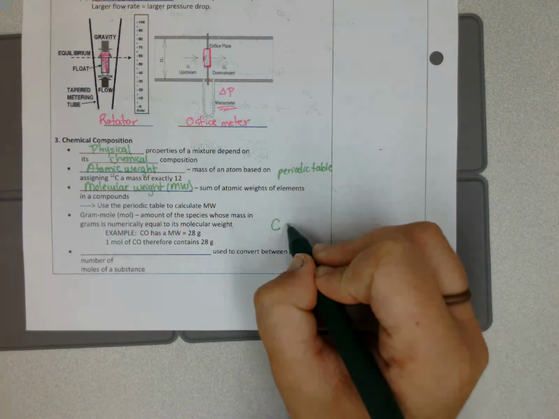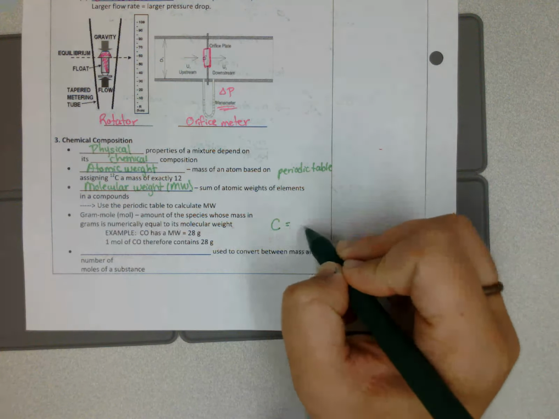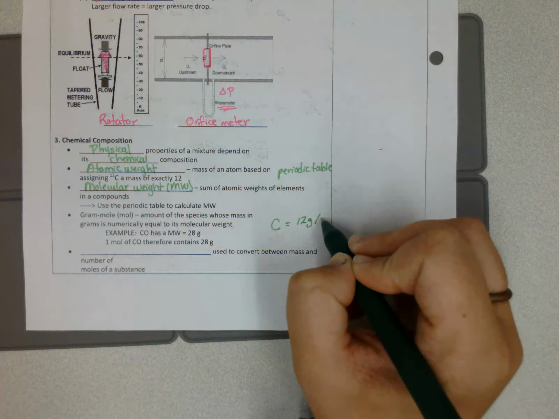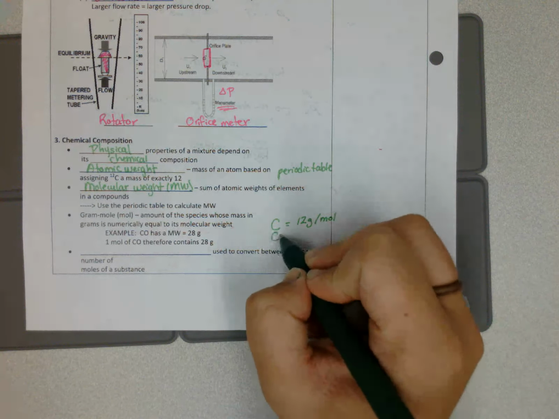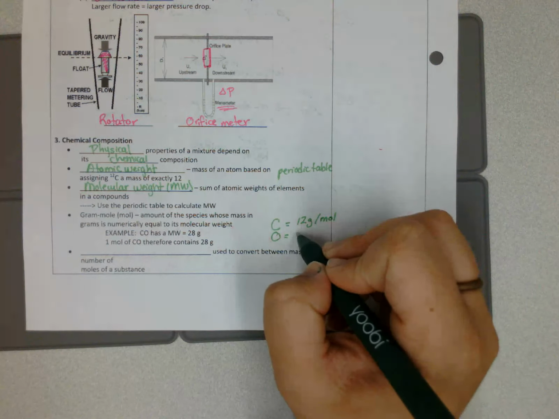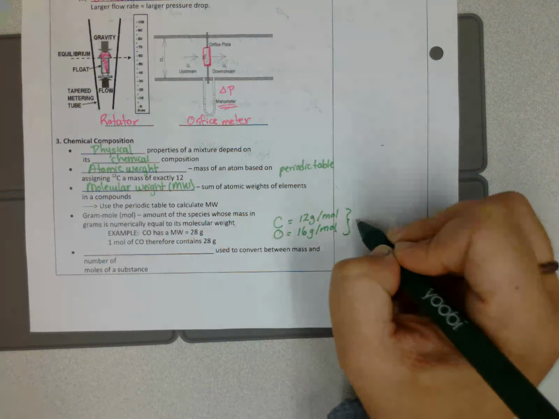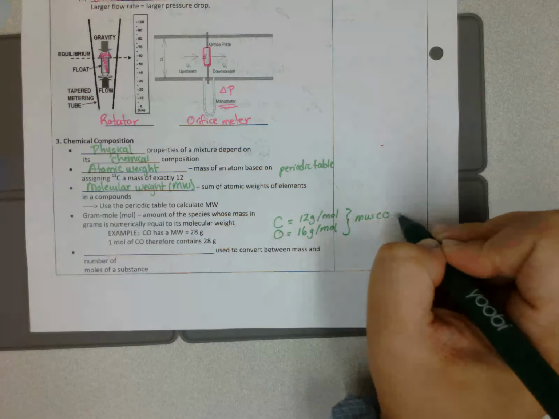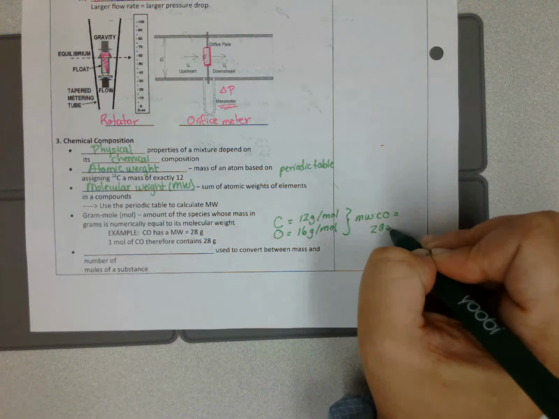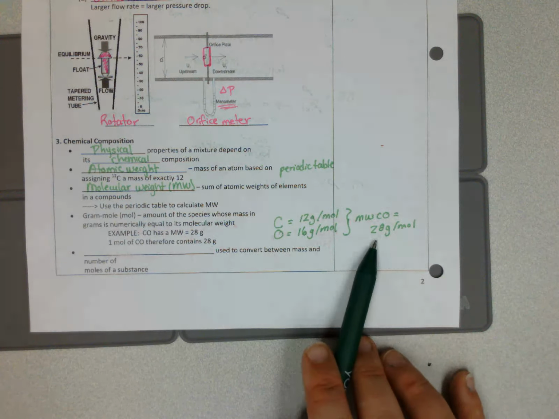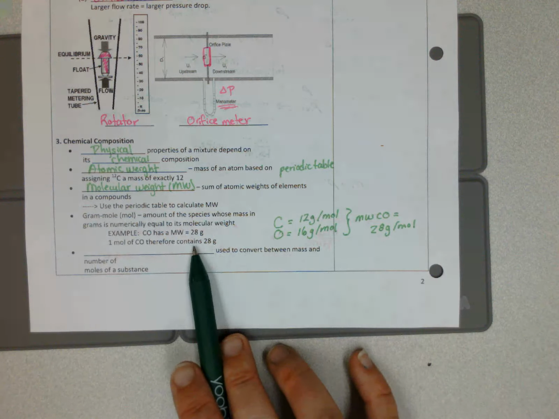If you look at the periodic table, the atomic weight of carbon is 12 grams per mole. The atomic weight of oxygen is 16 grams per mole. If you add those two up, the molecular weight of carbon monoxide must be 28 grams per mole. So that means for every 1 mole, 28 grams. That's what this sentence means right here.